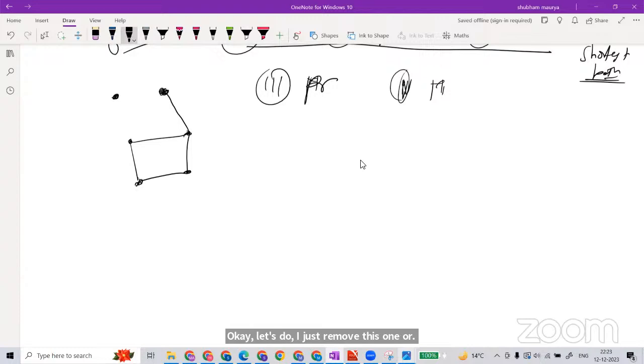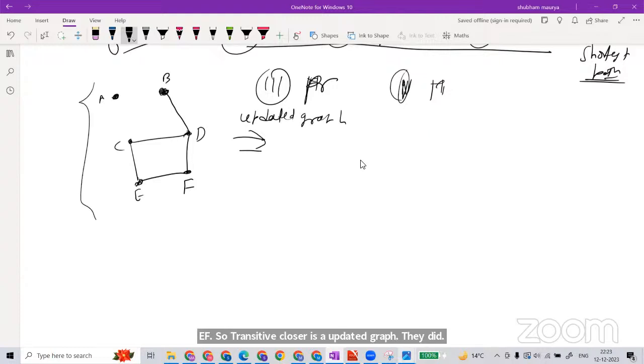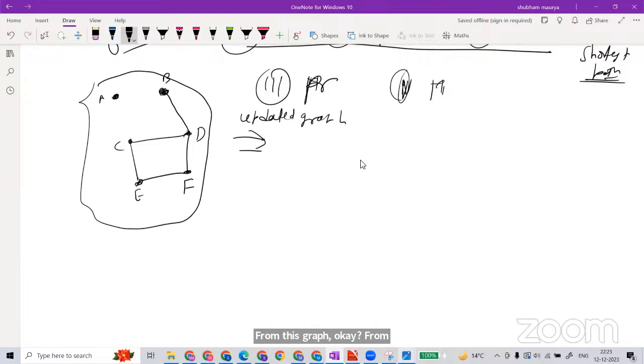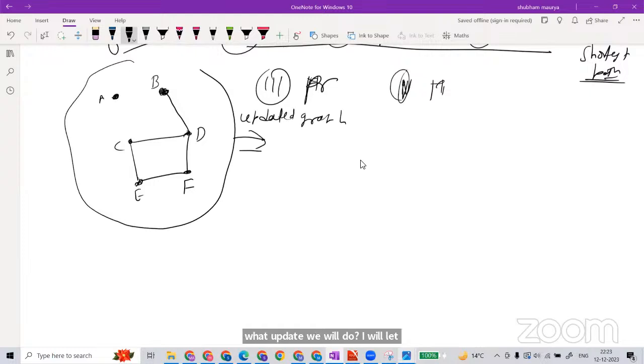Suppose this is A, B, C, D, E, F. So transitive closure is an updated graph. From this graph, we will do some update. What update we will do, I will let you know.